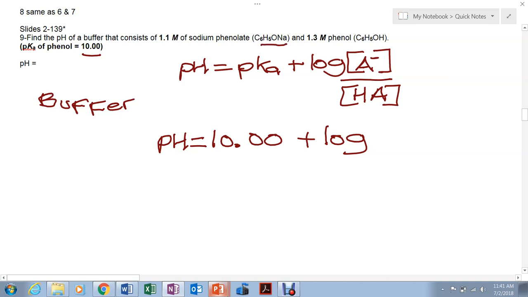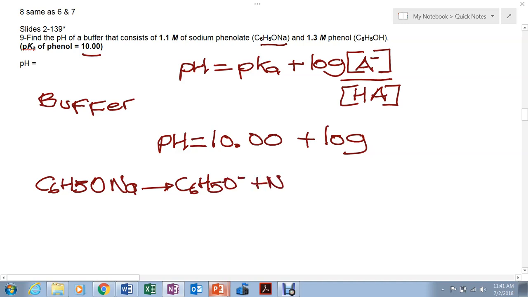Ionic, C6H5 is the phenyl, and in aqueous solution this dissociates into C6H5O negative plus Na plus.